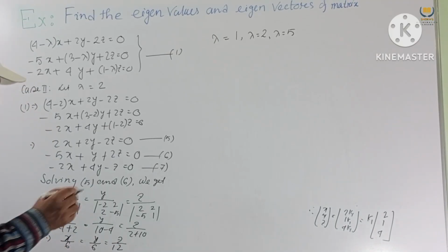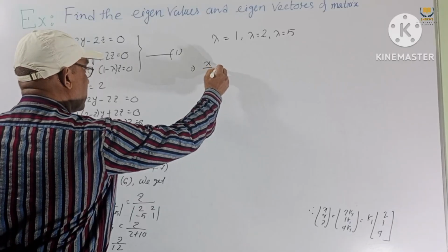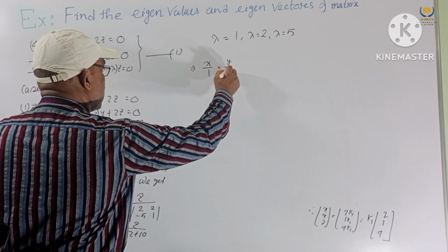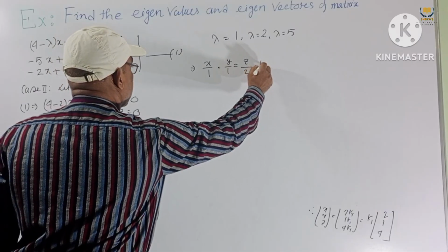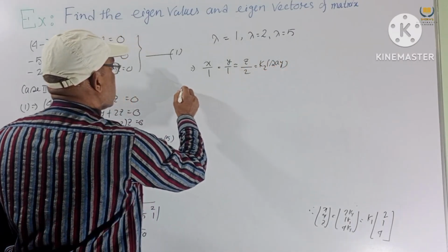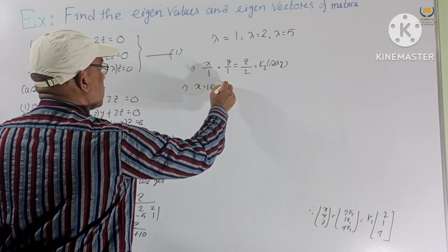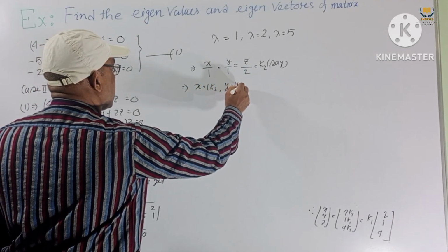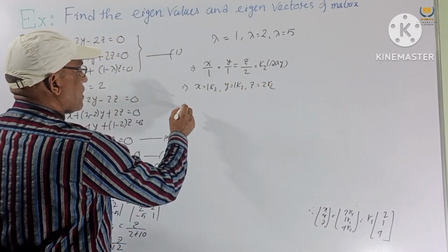Dividing by 6, then we get x by 1, y by 1, z by 2. This equal to k2, say. This implies x equal to 1 k2, y equal to 1 k2, z equal to 2 k2.